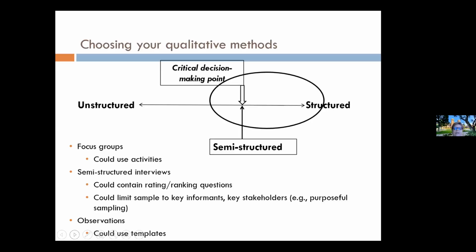To that point, even in the qualitative methods that you choose, you may want to embed some more structured aspects to those methods. For example, if you're using focus groups as a method, you could have some structured activities involved. For example, my colleagues and I, Kevin Heslin and colleagues, did a project years ago about establishing quality standards for sober living homes, where people go to live and recover from substance use.